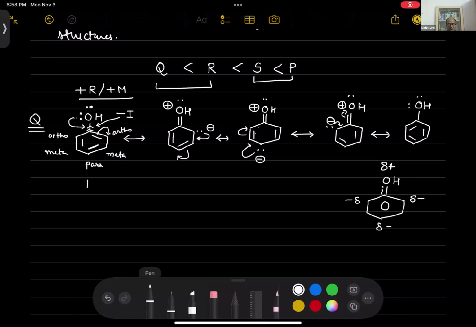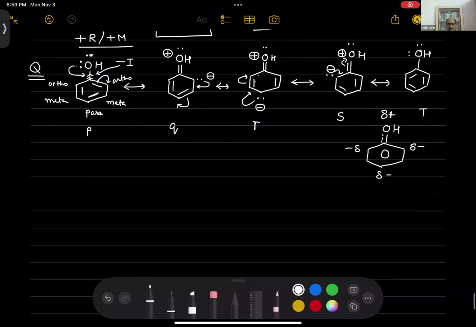So P, Q, R, S, and T. If I try to compare the stability, P and T are more stable because they are completely neutral and there is no issue with them. All the atoms are neutral, they have a complete octet.